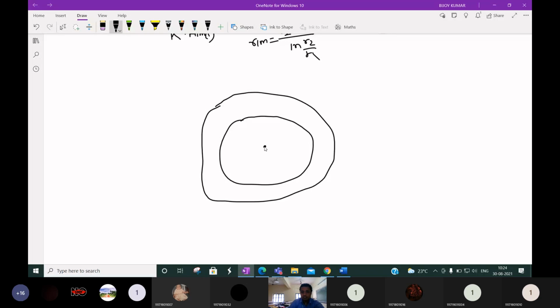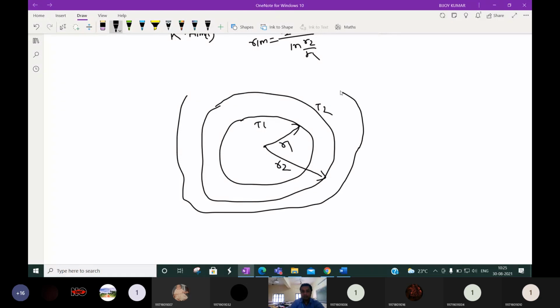Suppose this is R1 and this is R2, with temperatures T1, T2. Suppose above this cylinder, another cylinder is connected. Let's say this is the other cylinder we connected. The diagrams are not perfect, so please consider it as a circle only.